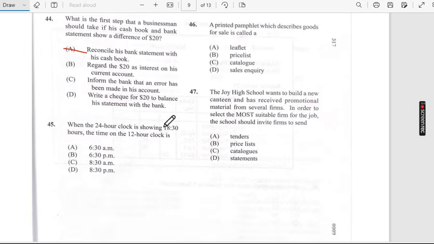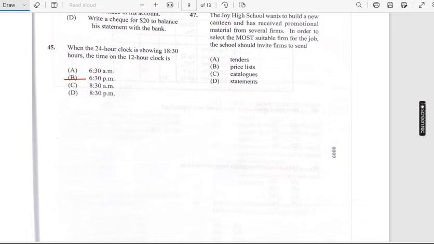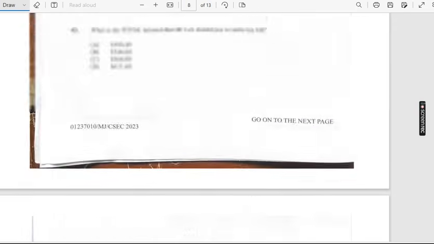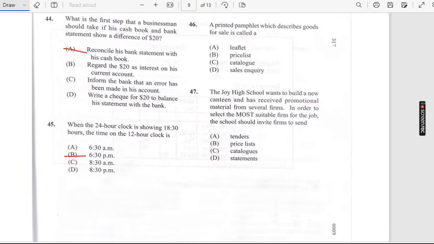For the 24-hour clock showing 1800 hours, the time on the 12-hour clock would be 6:30 p.m. Alright, 6:30 p.m. Alright, number 46. It says a printed leaflet which describes goods for sale is a catalog. Alright, catalog.